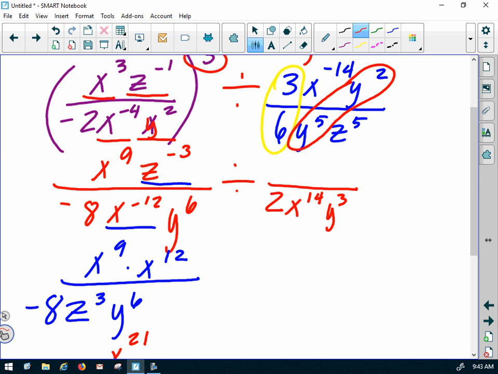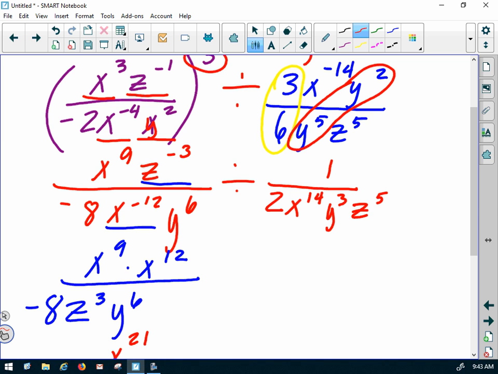Does the z to the 5th stay where it is, or does it move? Z to the 5th's happy. So the 3/6 simplified, the x to the negative 14th moved, the y simplified. What's left in the numerator? Just 1, yeah. Don't say 0, just 1.